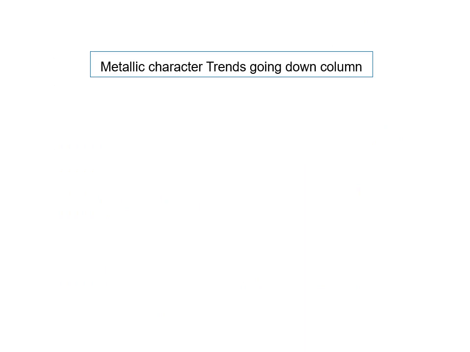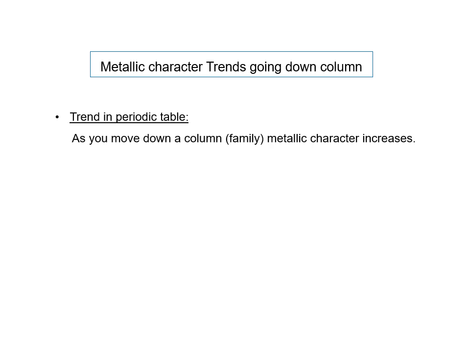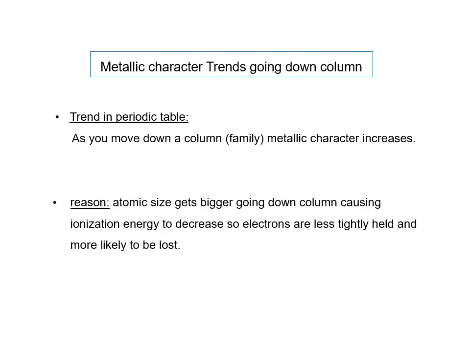All right, so now let's look at metallic character trends as we go down a column. As we go down a column or family, metallic character increases. And again, the reasoning is the same as what we saw for ionization energy. As we go down a column, remember that ionization energy decreases, which means that it's easier to take an electron off.